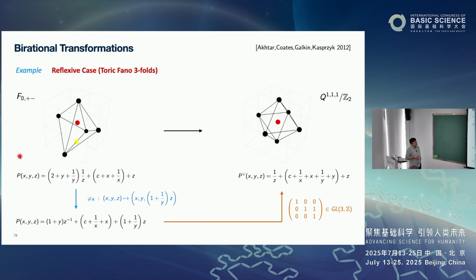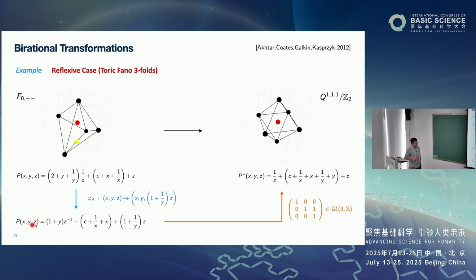I start with this polytope of F0 projected to plus and minus. This toric diagram has this Newton polynomial that allows me to define this birational map where x, y, and z is mapped to x, y, and A of z, where A is 1 plus 1 over y.